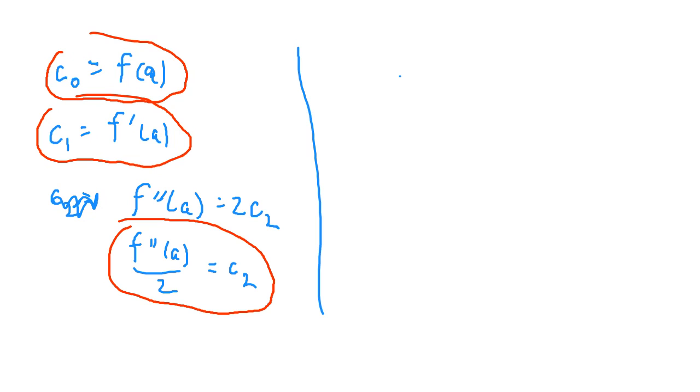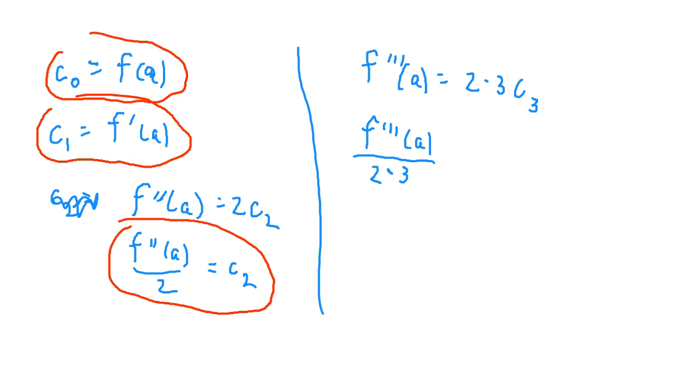And then we learned that the third derivative of a was equal to 2 times 3 times C3. So then the third derivative of a over 2 times 3 equals C3.